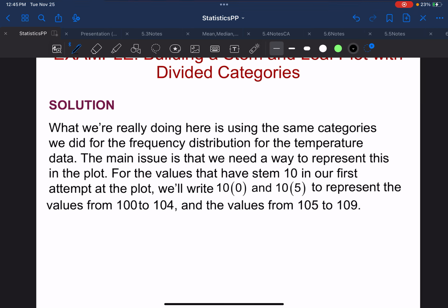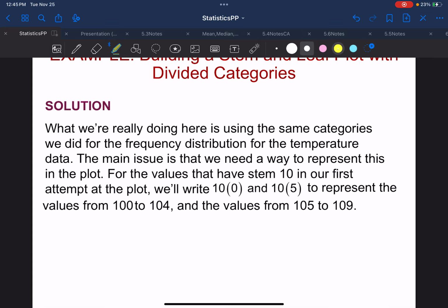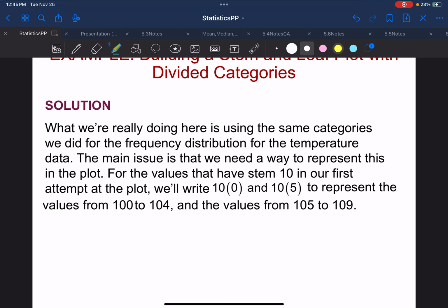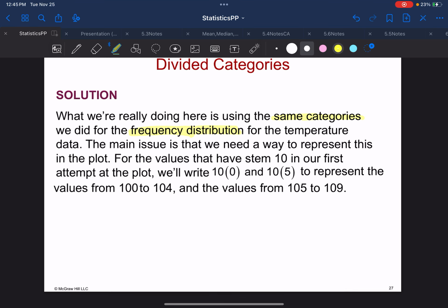And in reality, we're doing the same thing that we did for the frequency distribution when we divided it into classes. So we're using the same categories that we did for that frequency distribution. But the main issue is that we need a way to represent this in the plot for our stems.